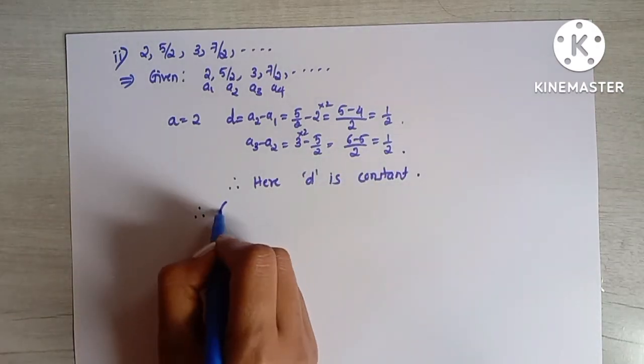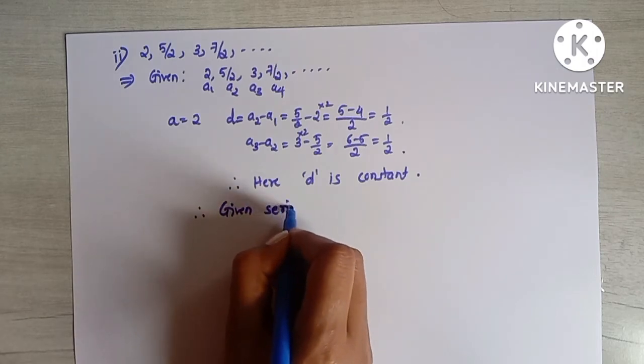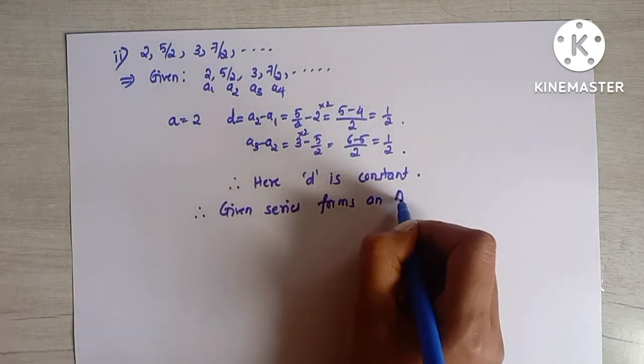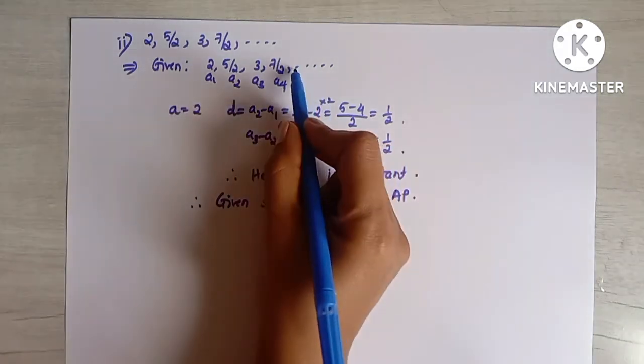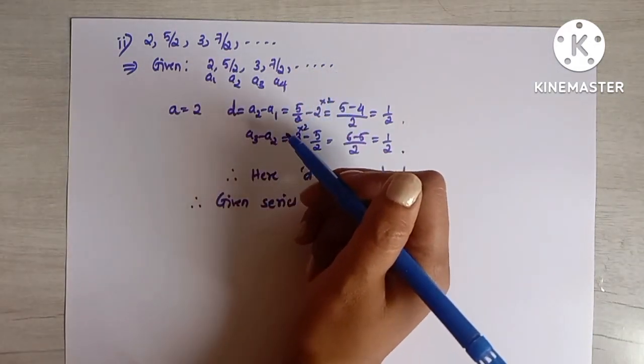Therefore, we can say that the given series forms an AP. If it forms an AP, then what do we have to find? We have to find the next 3 terms, which means A5, A6 and A7.